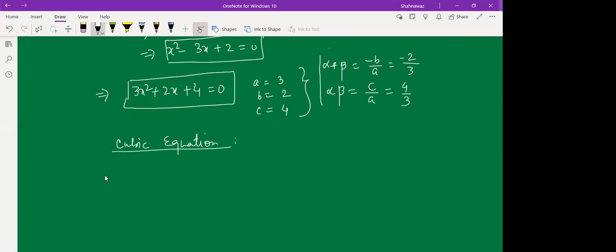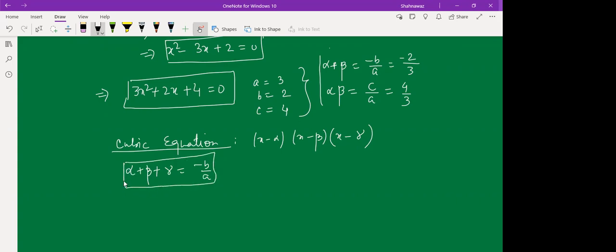Just for the knowledge. It had 3 roots, right? Yes, sir. And the sum of the zeros will be minus b by a, and the sum of the product of 2 roots, let's say alpha beta plus beta gamma plus alpha gamma, will be c by a, right?